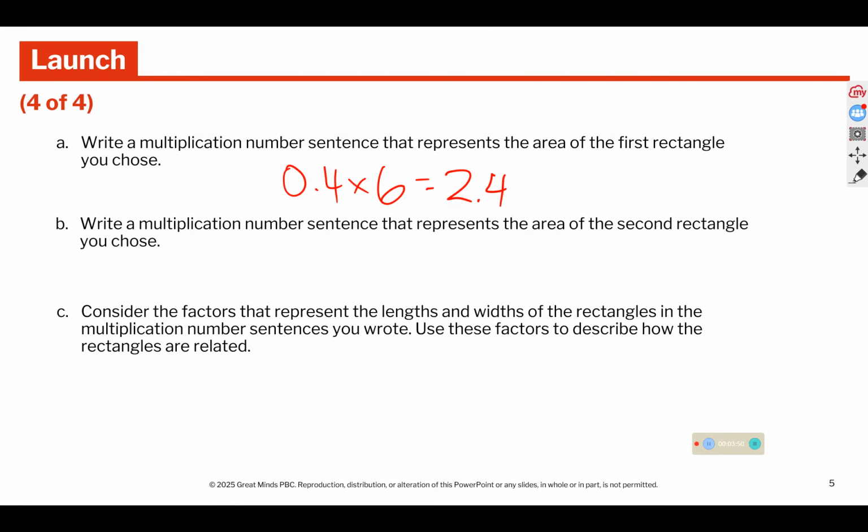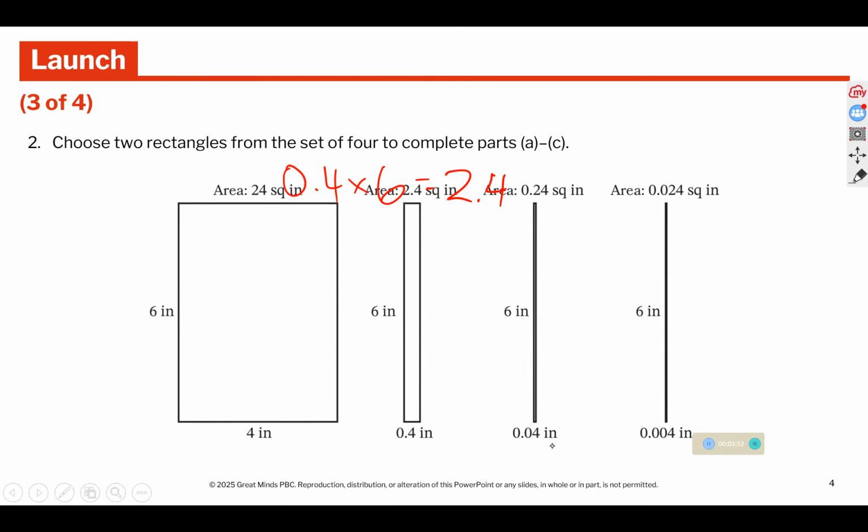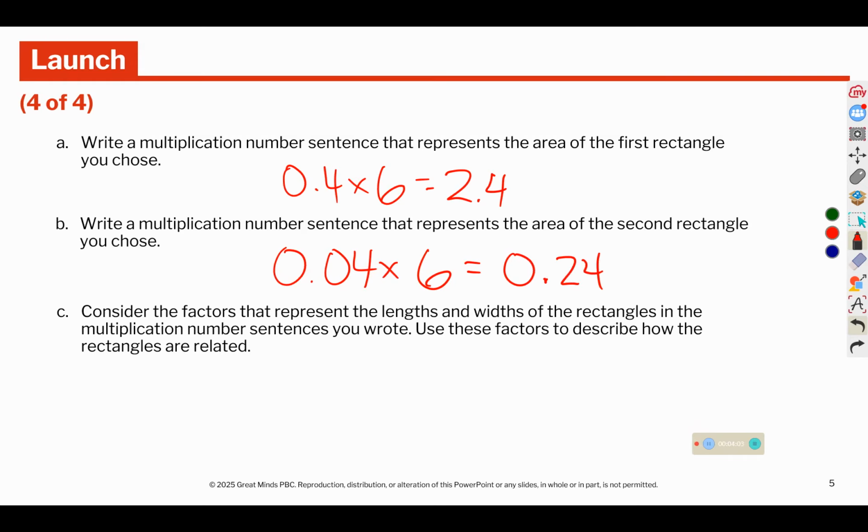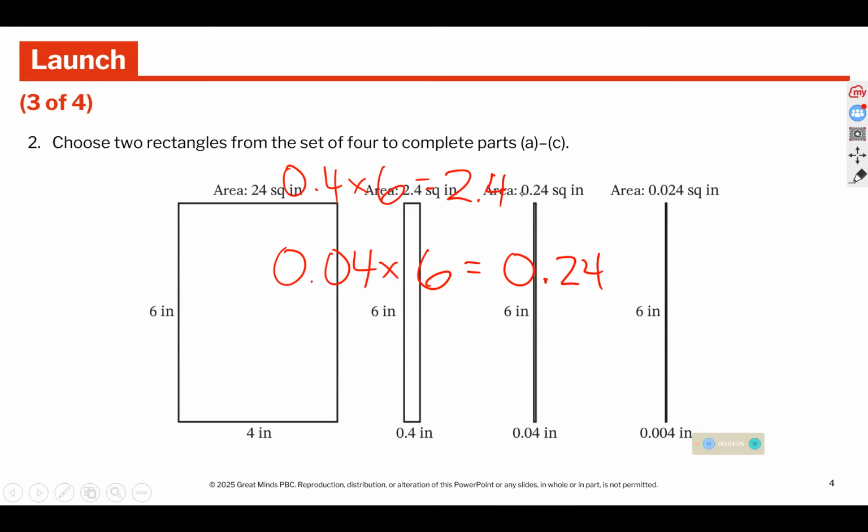And then B, for the second rectangle we chose, 0.04 times 6. Which had an area of 0.24.